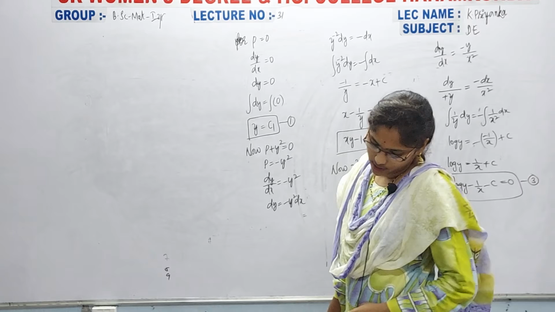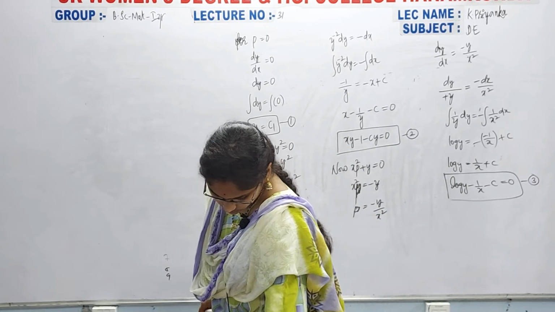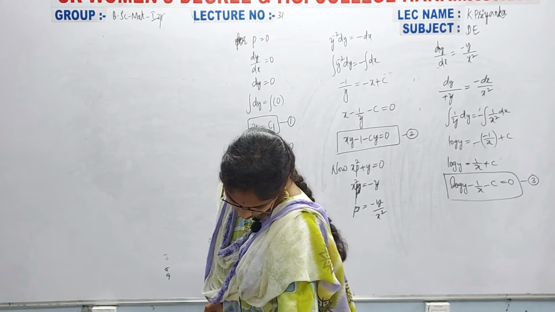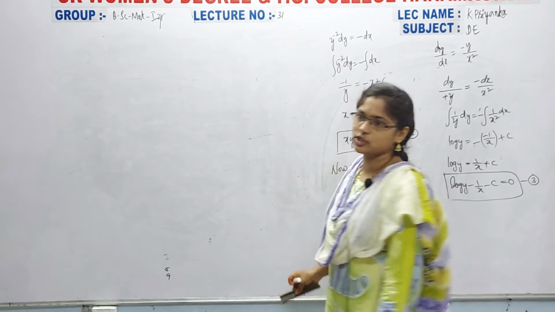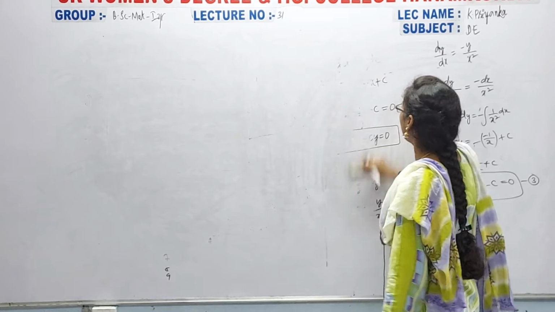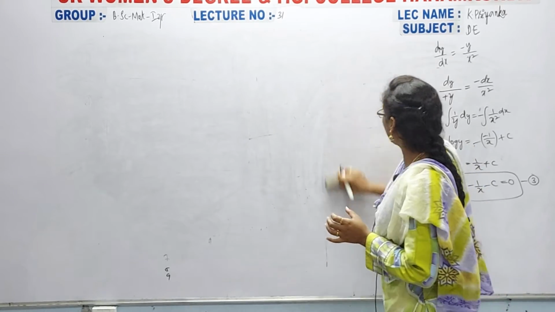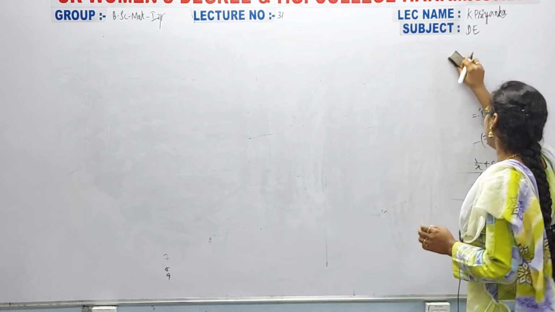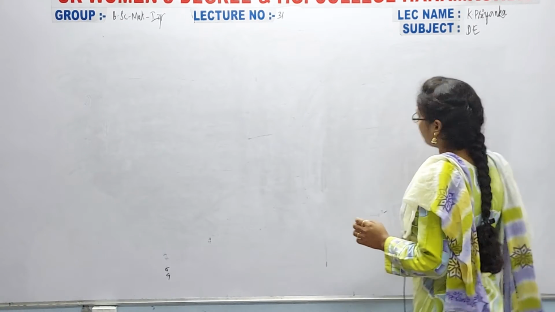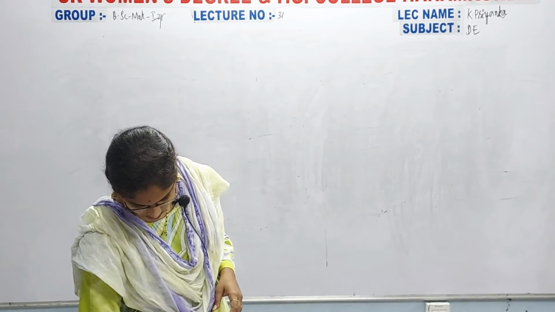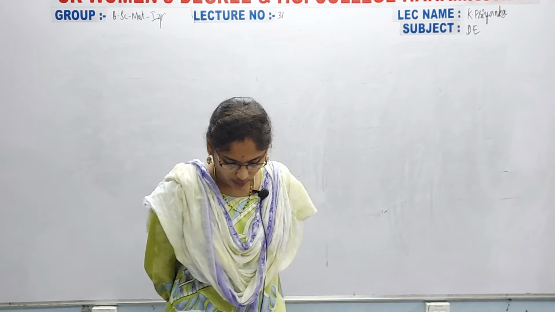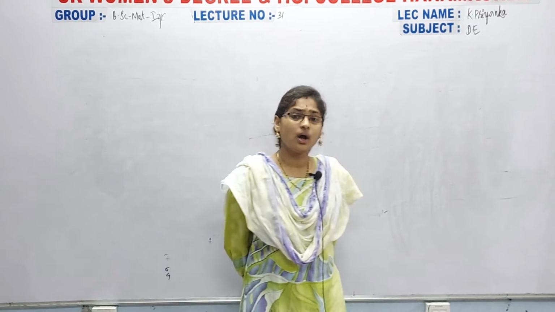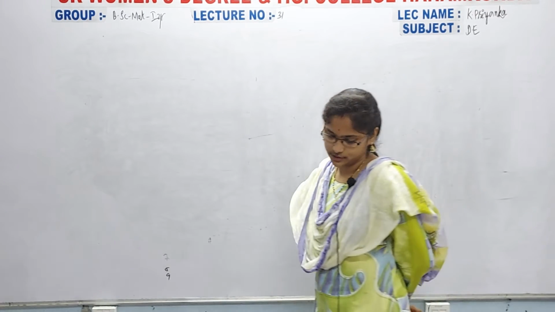Case 2: the equation f of x comma y comma p equal to 0 may have one or more of the following properties.